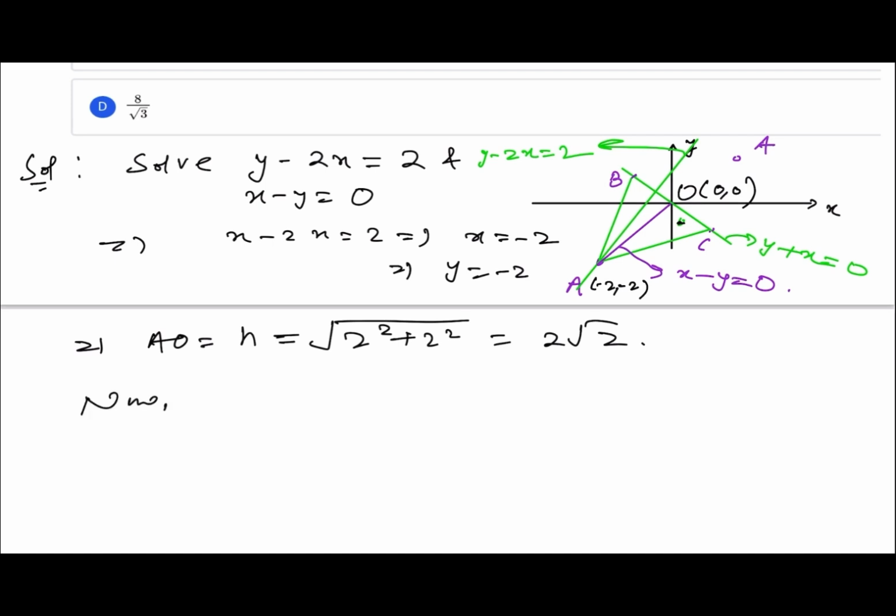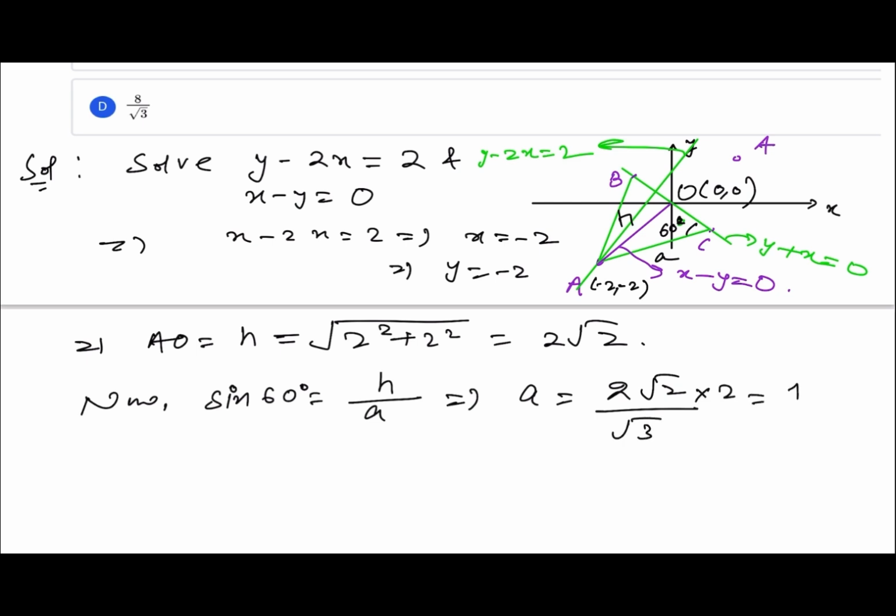Now say AC is a and AO is h, and this angle C is equal to 60 degrees. So sine 60 degrees is equal to h upon a. So a is h, 2 root 2, upon sine 60, root 3 by 2. So this is 4 root 2 by root 3.